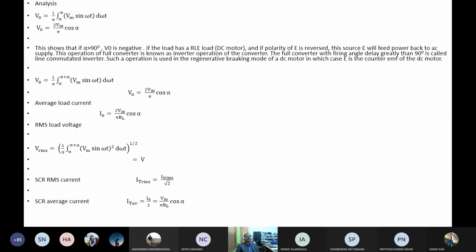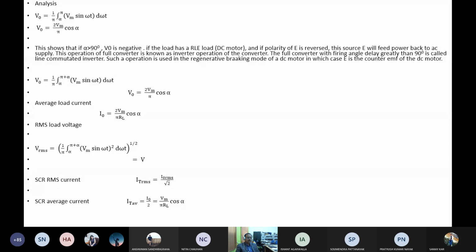So here the average voltage is 2 Vm by pi cos alpha, not 1 plus cos alpha. So if alpha is greater than 90 degrees, the average voltage becomes negative and motoring action is possible.